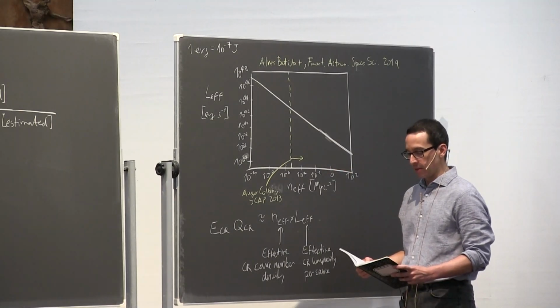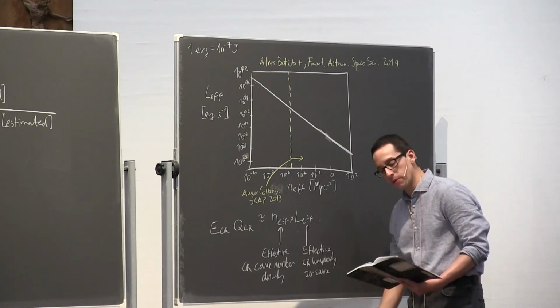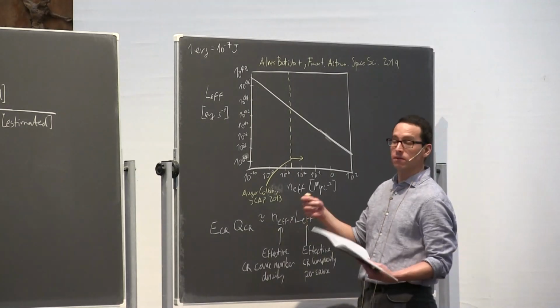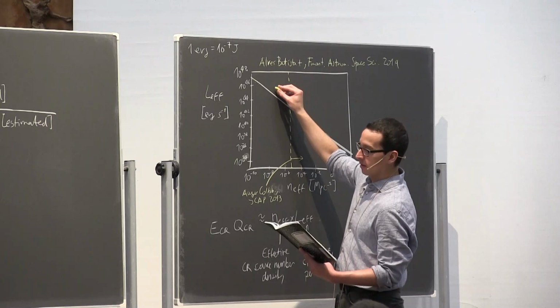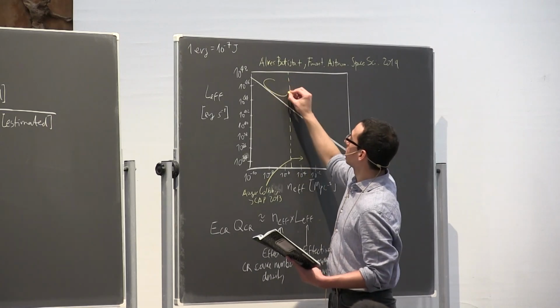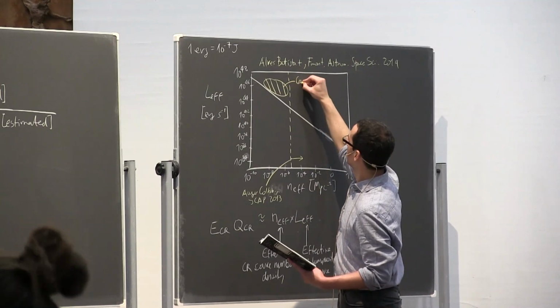And we can do something similar to what we did before with the Hillas plot. We can draw on top of this blobs where different candidate populations of sources could lie. For instance, galaxy clusters, we know from astrophysical measurements, are here.